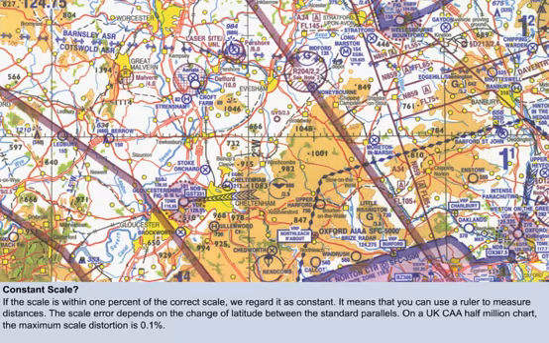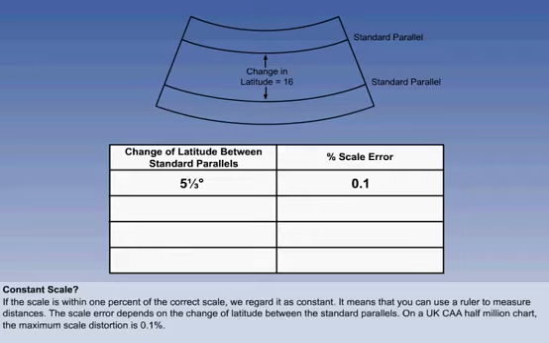So, if you were to measure a distance of 100 nautical miles on this chart at any point using a standard half-million ruler, you will be within 1/10 of a mile of the correct figure. So if we now look at a chart with 16 degrees between the two standard parallels, the worst-case scale expansion or contraction increases to 1%, the limit of what we would call constant scale.